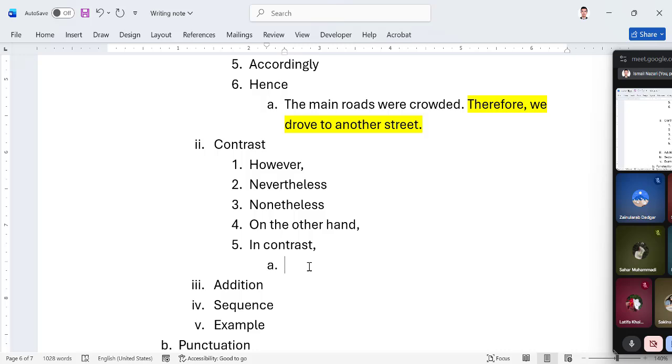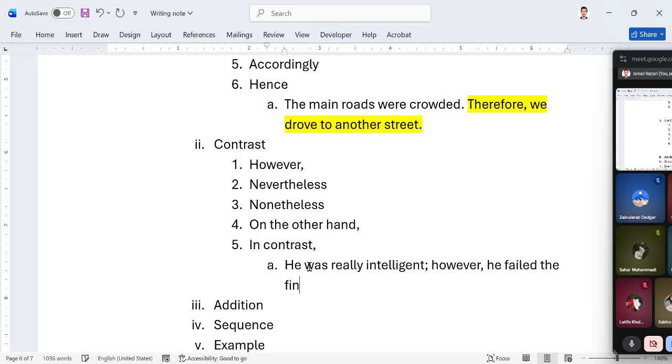Think if we have a sentence: he was really intelligent. He was really intelligent, and then we can use a semicolon or a dot, and then we have, for example, however, he failed the final semester. He was really intelligent. However, he failed the final semester and couldn't succeed.